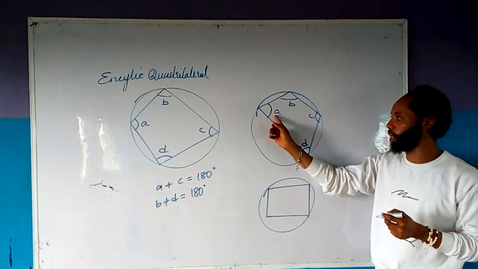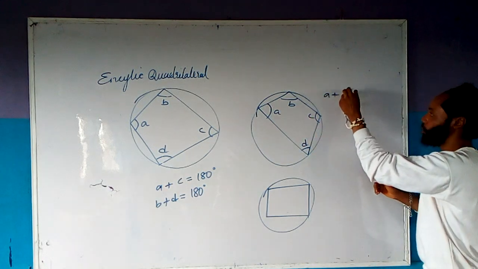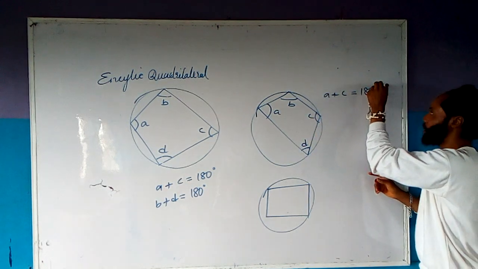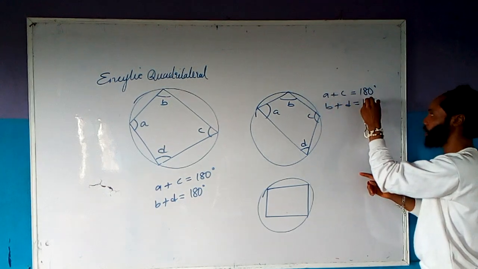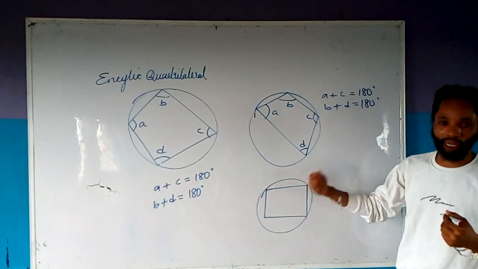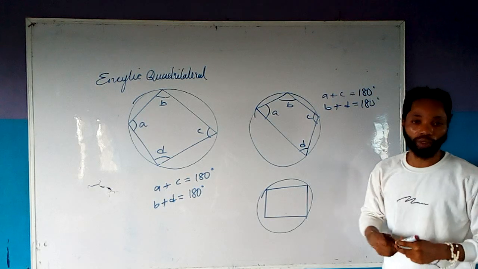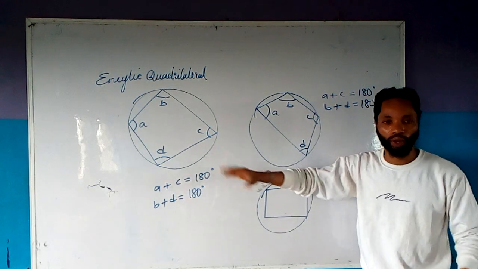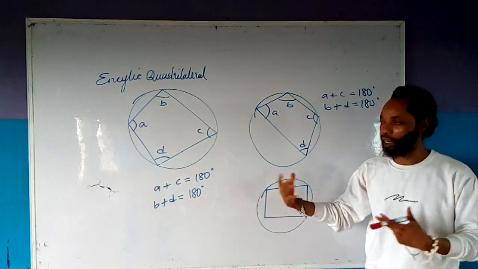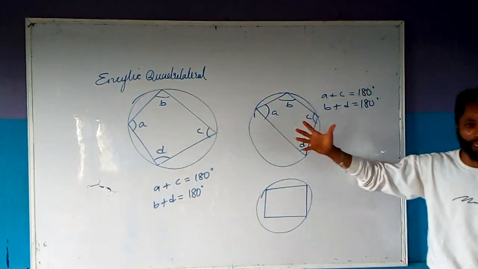So A plus C here will add up to 180 degrees. Then B plus D here also adds up to 180 degrees. I just lettered them A, B, C, D; anybody could choose to letter them any way they think fit. So this is just the basics. We are going to go to examples later on, but this is just the basics for the cyclic quadrilateral.